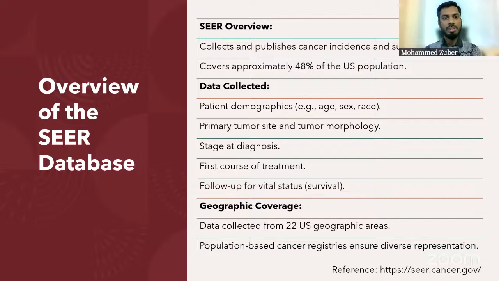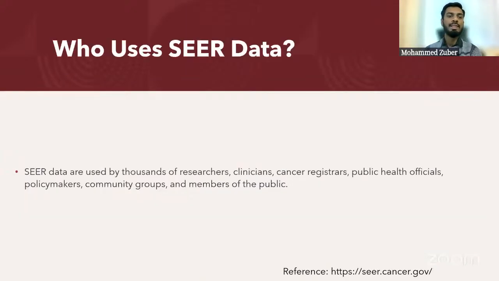Talking about geographical coverage, the data is collected from 22 US geographic areas, and it is a diverse population, so it is a representative sample. Whatever results you get are representative of the entire population of the United States. And at the end, SEER offers a wealth of cancer statistics, including incidence, survival, and prevalence data. So let's talk about who uses SEER data.